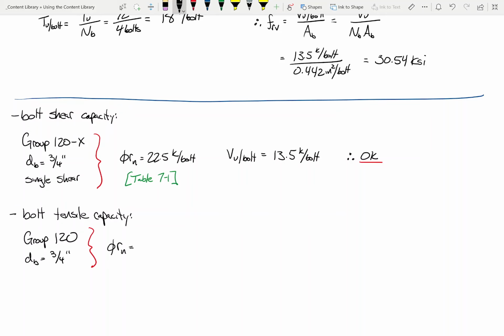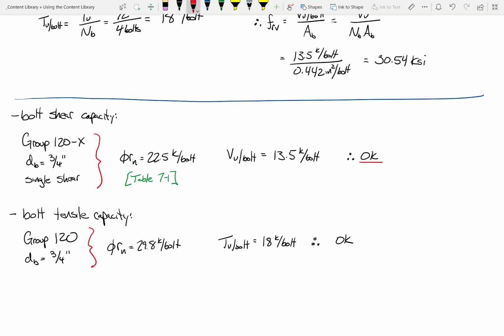And what is phi RN? 29. And likewise, we compare that against what? The tension per bolt. And what was the tension per bolt? 18. So, what's the deal? We're good.